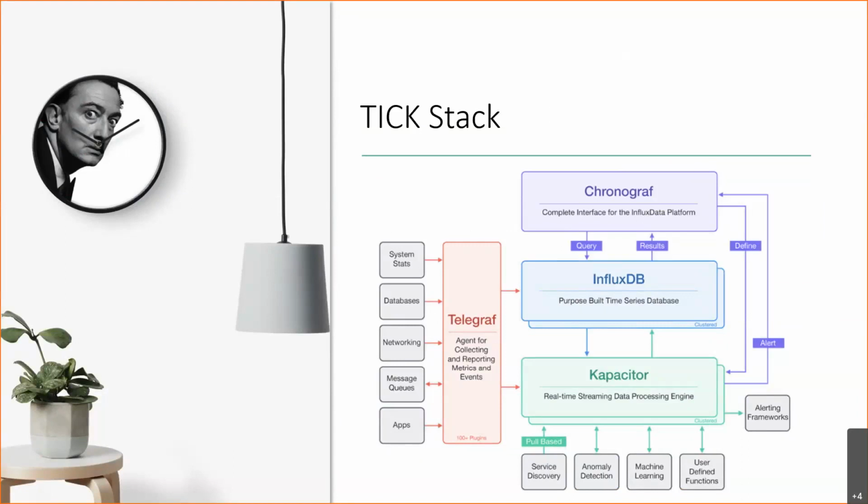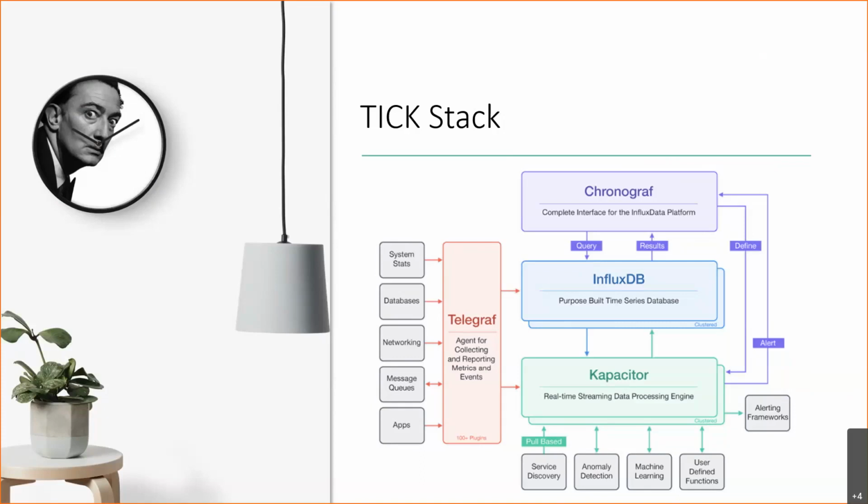On the left, we have Telegraf, which is the plugin-driven server agent for collecting and reporting metrics. Telegraf plugins have a variety of sources, so it sources the metrics directly from the system and pulls the metrics from third-party APIs.